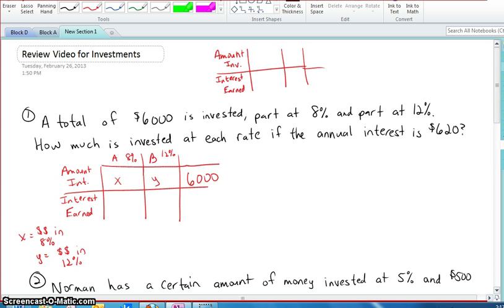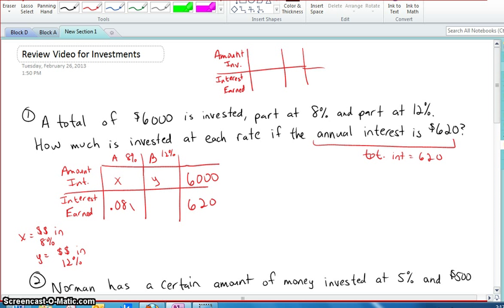Keeping in mind that the money I'm talking about is the amount invested, not the amount that the bank's paying me, but the amount I invest. And it tells me the annual interest, so this is a total interest, is $620. So here's my total. And I know the interest earned on the 8% account is 8% of however much money I put into the account.